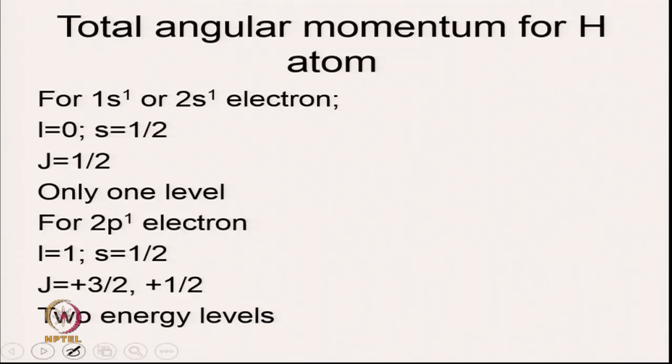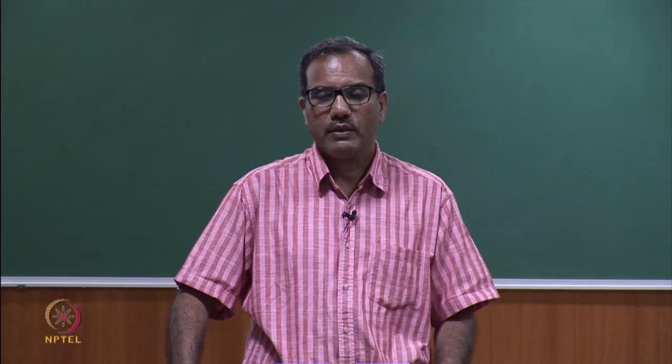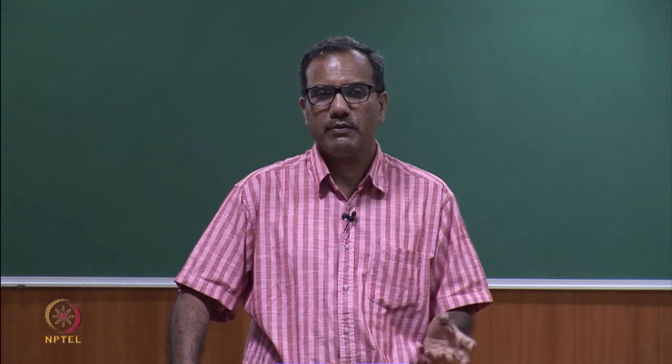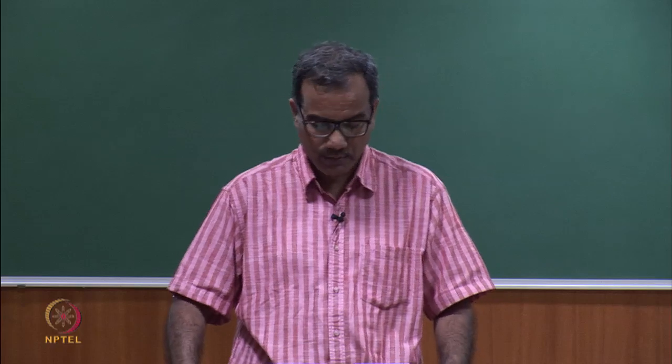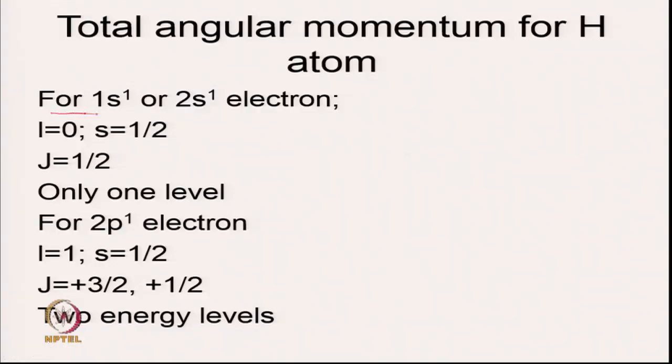Now, let us think about angular momentum for an electron in the hydrogen atom. Suppose I consider a 1s1 electron or a 2s1 electron. So, what will be the L? L value is 0 and S value is half, and if you calculate the J value, it will be equal to plus half.